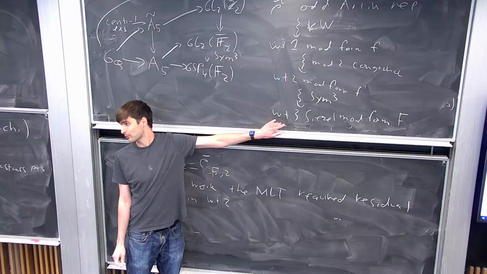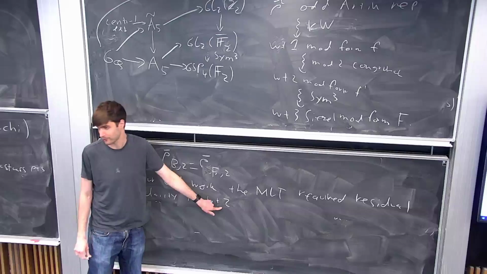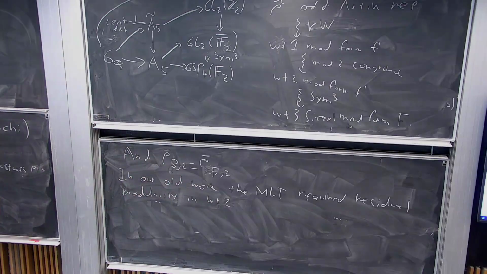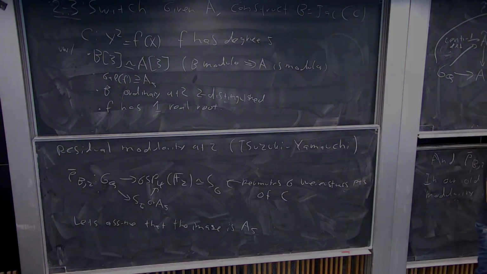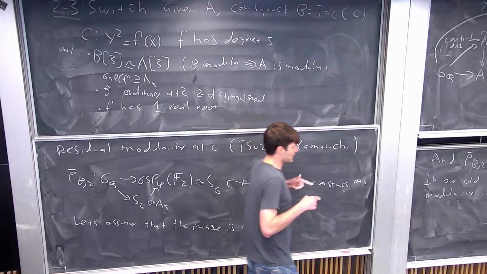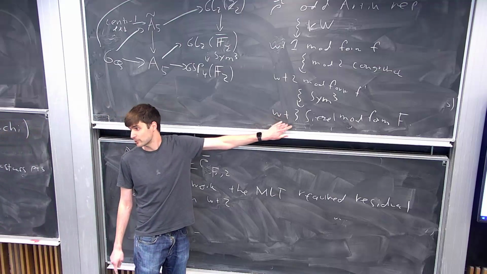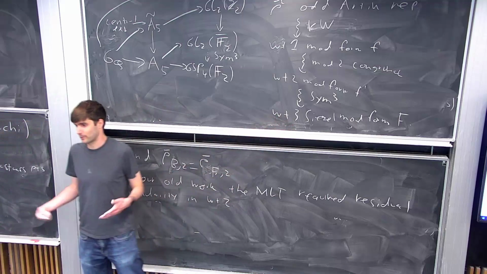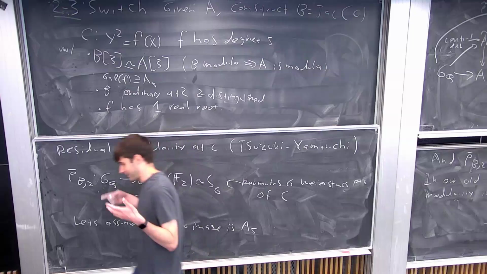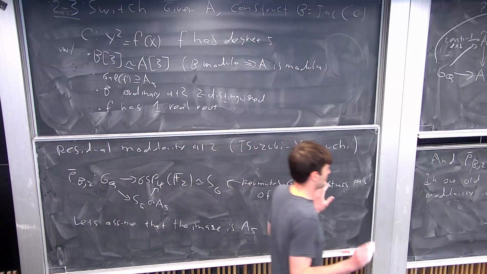But what we've actually constructed is a higher weight modular form. I don't really have time to properly explain this, but you should think that weight 2 Siegel modular forms are more like weight 1 elliptic modular forms, and a weight 3 Siegel modular form is like a weight 2 or higher elliptic modular form. And so in order to apply the modularity lifting theorem from our previous work, we would need to somehow produce a congruence between this weight 3 modular form and a weight 2 modular form. And the honest truth is, well, I think this is a very interesting problem, but we don't really know how to do this. So we need to do something actually totally different.